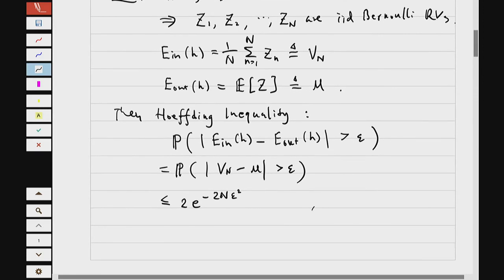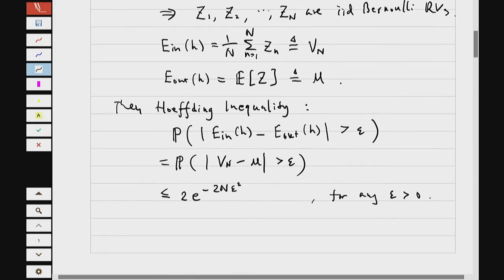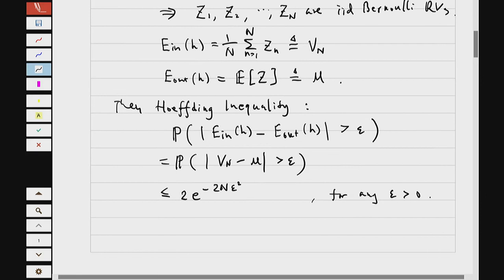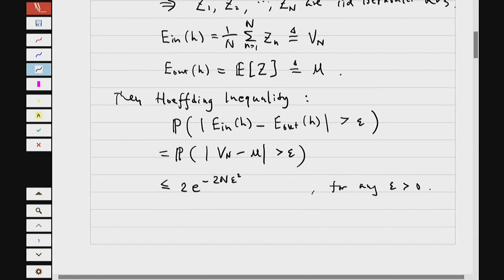This is true for any positive epsilon. You can make epsilon as small as you want, and this bound still holds. That's what the Hoeffding inequality tells us. And in fact, we're going to define this as delta.